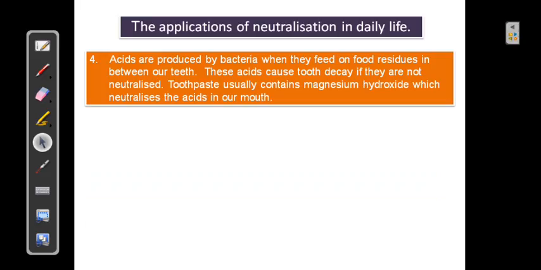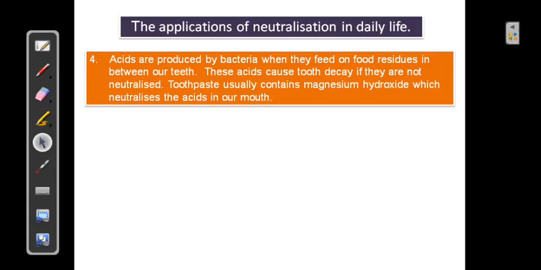Another factor is acids are produced by bacteria when they feed on food residues in between your teeth. So after dinner, you just lie down and fall asleep, while some residues of the food still get stuck between your teeth, so the bacteria will work on it and they will produce the acid.